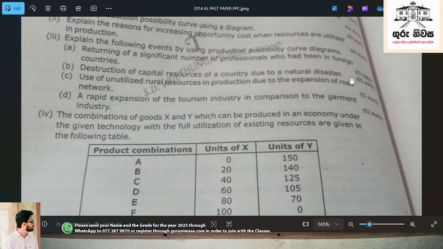Friday is the normal revision class. Then I'll do some PPC questions, and there's a small theory part to be completed: economic sanction or economic embargo, and showing the advantages of international trade on a PPC.